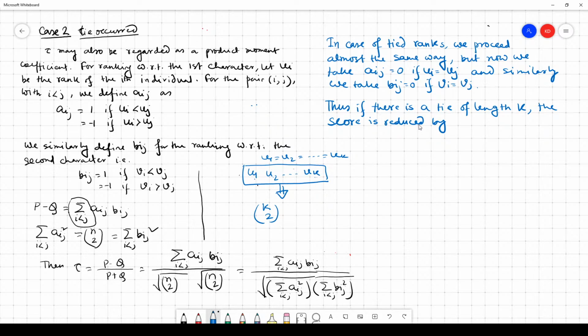So if there is no tie, then you have a score of the summation of aij bij, but because there is a tie of length k, your score should not be nC2, it should be reduced. So it is reduced by kC2. Agree? Please tell me.